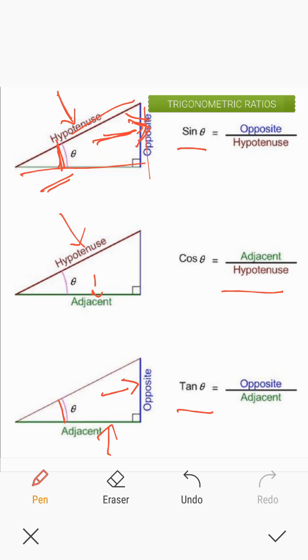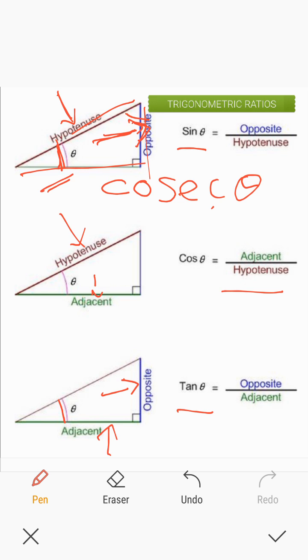The reciprocal of sine theta is called cosec theta. Since it is the reciprocal of sine theta, we can write cosec theta equal to 1 by sine theta, because the reciprocal of x is 1 by x, and the reciprocal of 2 is 1 by 2.